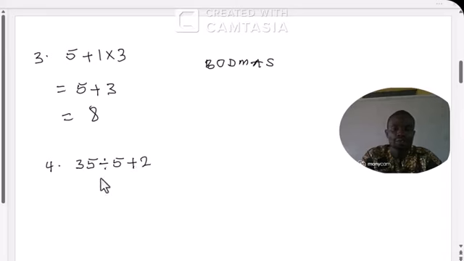So division first. You are going to divide 35 by 5. That gives you 7, then plus 2. The last operation here is addition. So now it's 7 plus 2. That's going to give you 9.